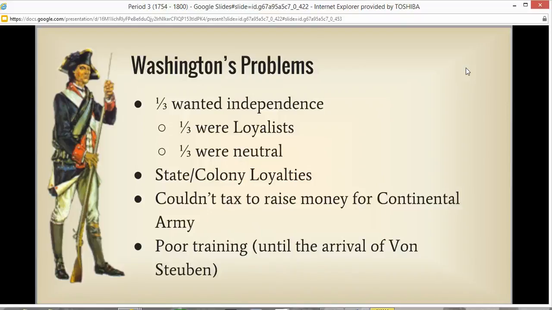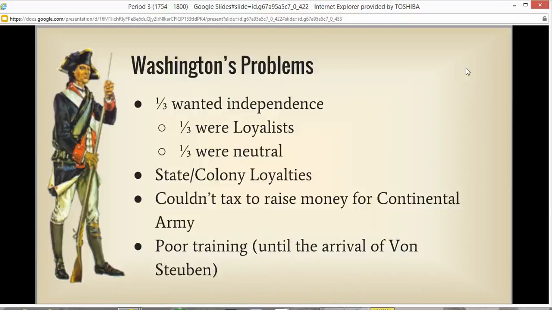Now, another problem that Washington has are these colonial loyalties. What that means is that if a colonist is from South Carolina, they are more loyal to South Carolina than they are to America, right? And so there's like this sense of identity, like how I'm always talking about Florida being the greatest state in the country.